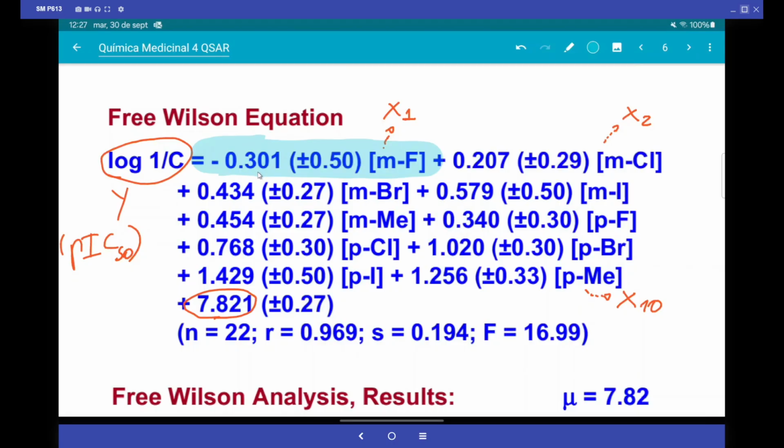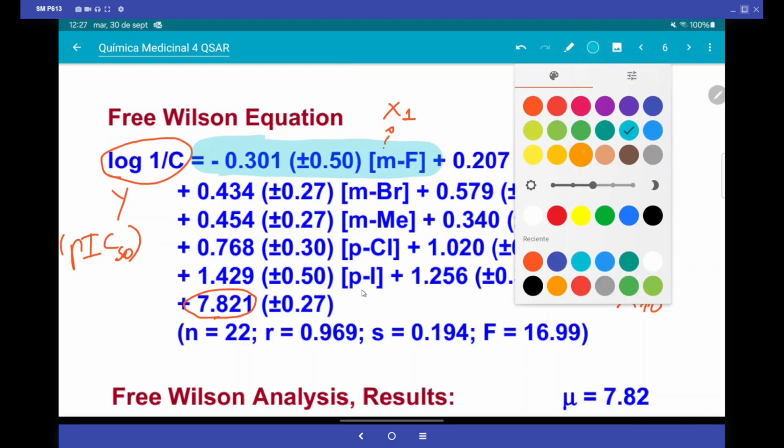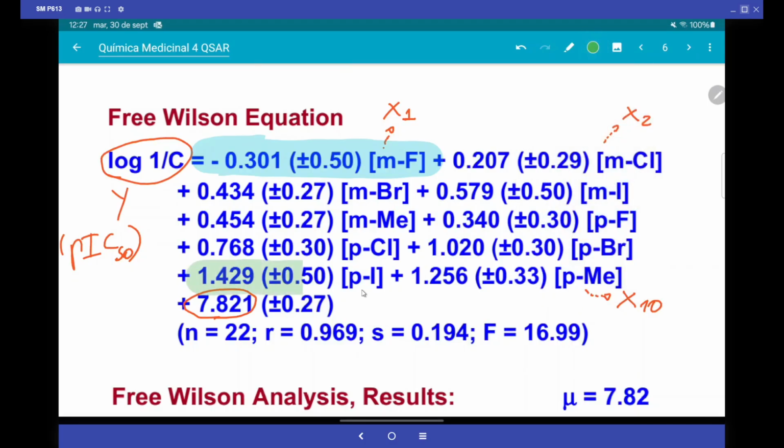I am going to look for it. It is convenient to have iodine in para, which is the best in meta, with 1 point. I cannot have two substitutes in the same position.